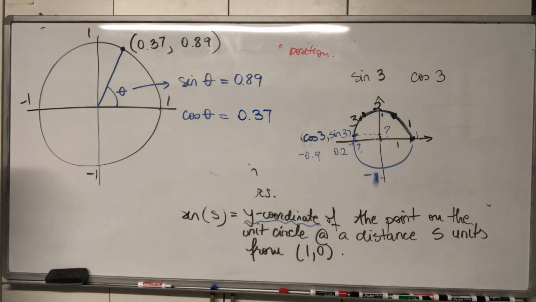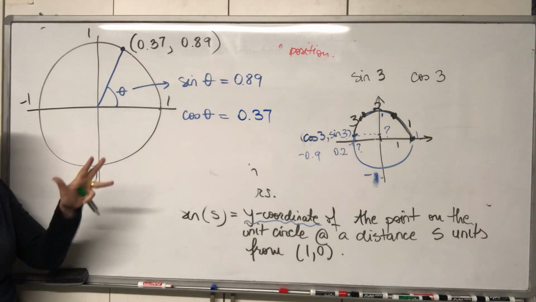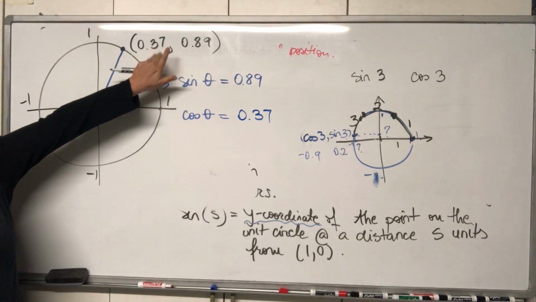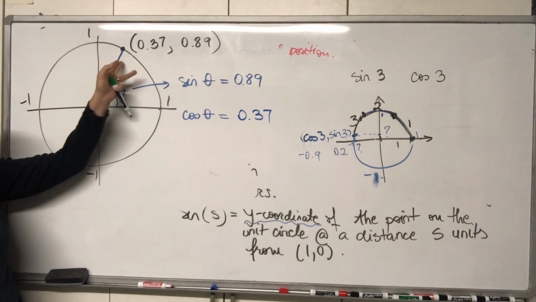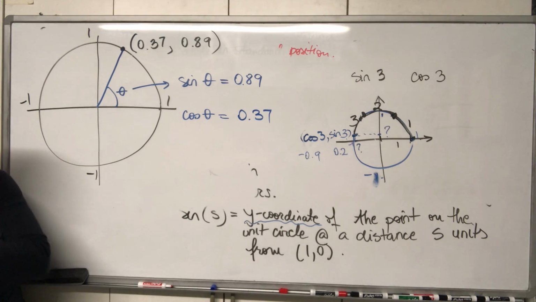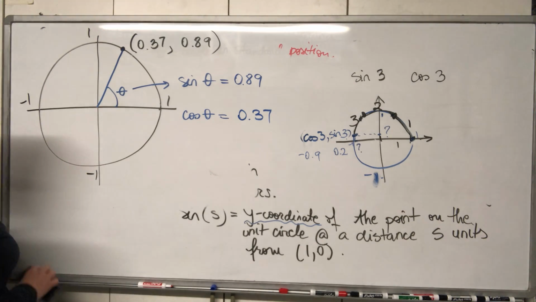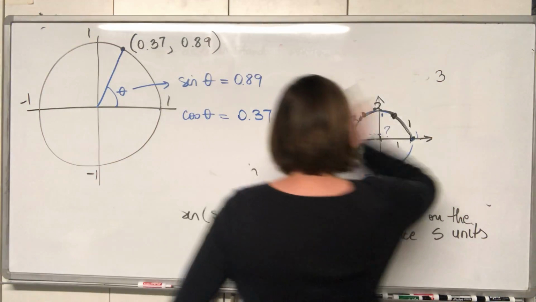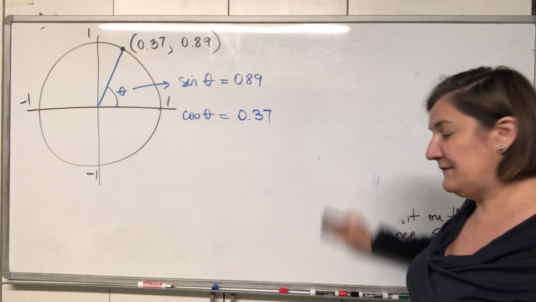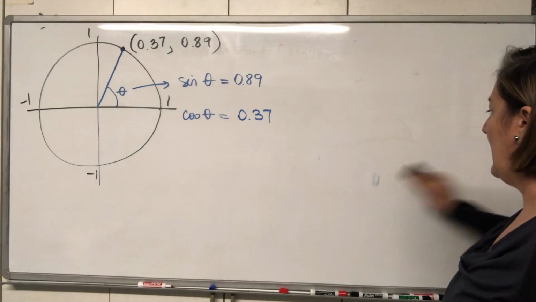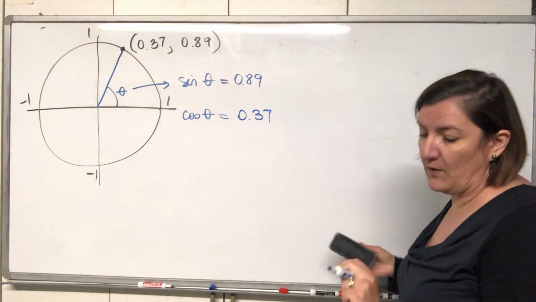Yes? So again, I made up those numbers. These are points that are going to be on a unit circle, right? So they have to satisfy a very important condition, and that's what we're going to get to right now. But that's as simple as that. Grab the x-coordinate for the cosine. Grab the y-coordinate for the sine.